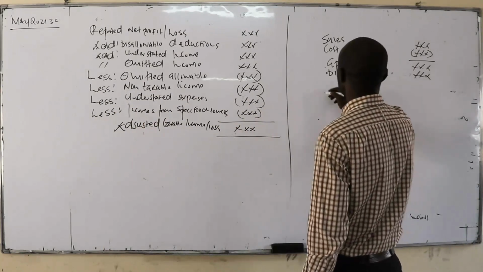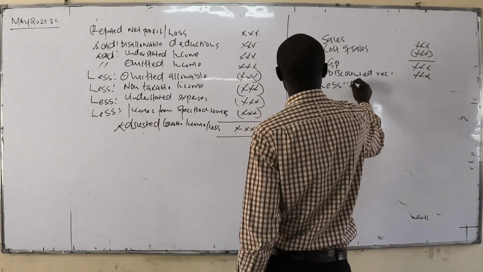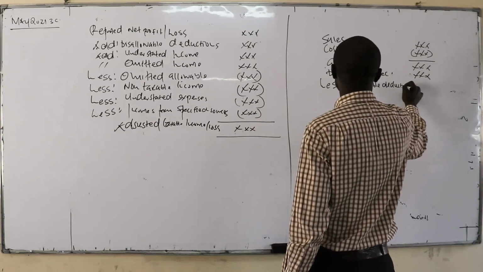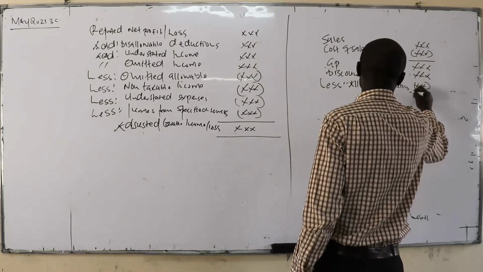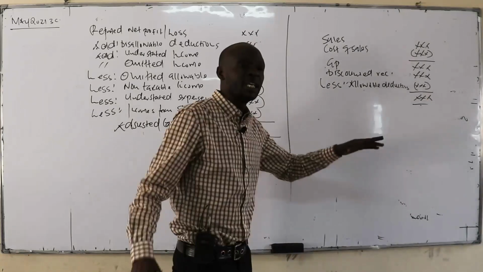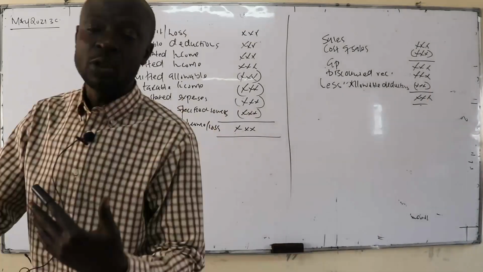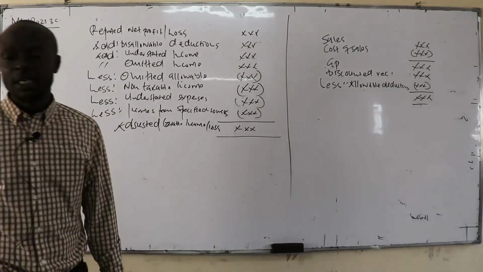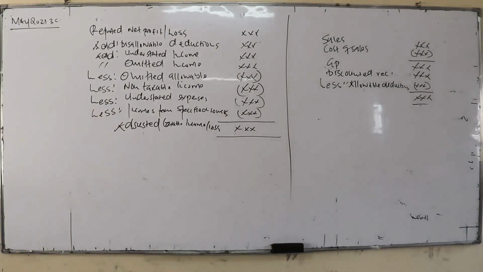And then you less allowable deductions. So you opt for this style in questions where we've just been given details which do not show the computation of the net profit or loss. Those are the details you need to know in order to handle questions on business income.